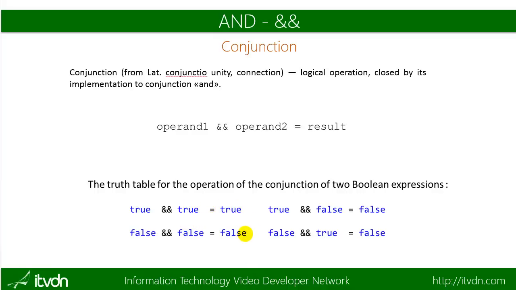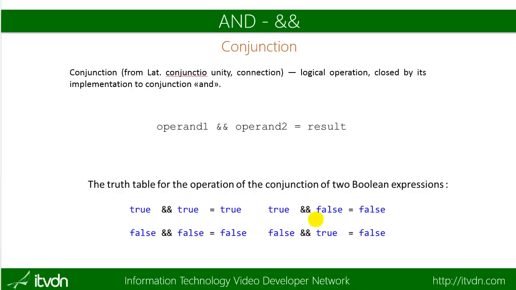But in logical conjunction, we have a rule here. Only one case can be true, in which both operands, both expressions, are true. If the first expression is false and the second one is true, then we have false. But if both of them are true, then we have true. So in logical conjunction, both expressions have to be true for you to get a true result.